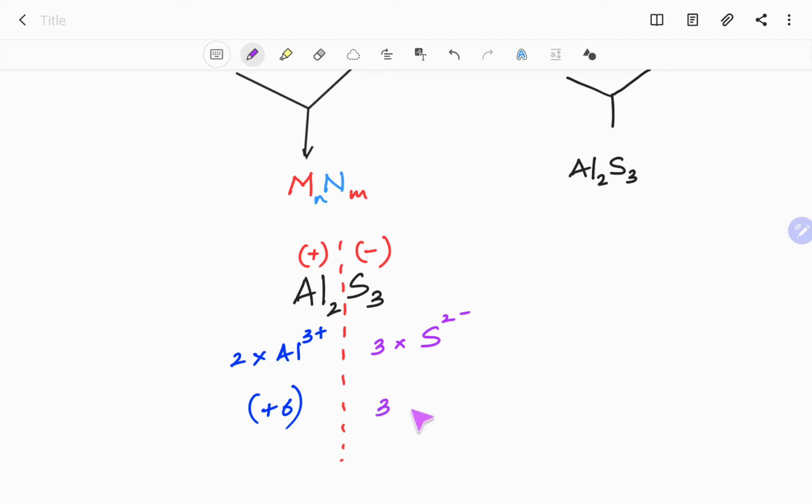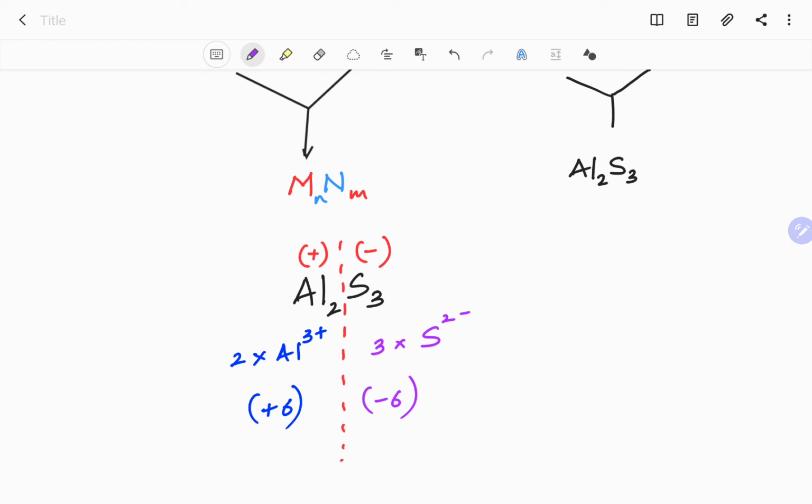So 3 times -2 is -6. Cations give us the total positive charge, which is +6. Anions give us the total negative charge, which is -6, and they are equal and opposite.